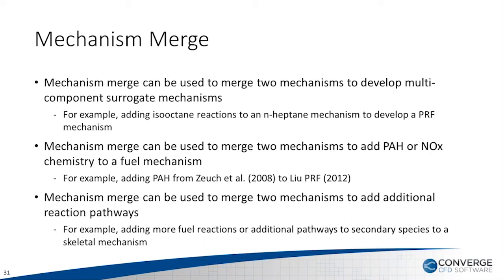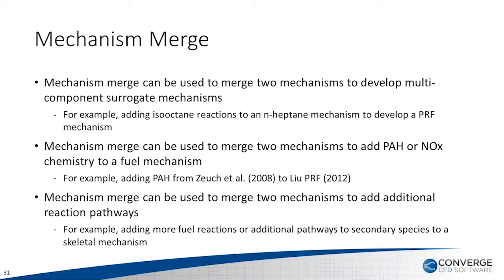One way is to simply merge 2 existing mechanisms together. And if the mechanism is really big, you have no way to just do it by hand, manually. So here you can use the tool.